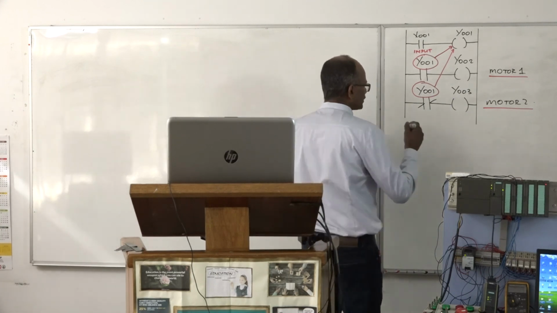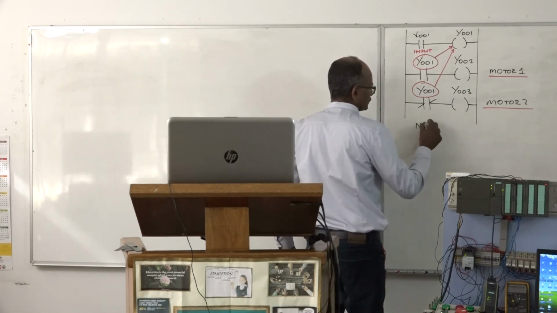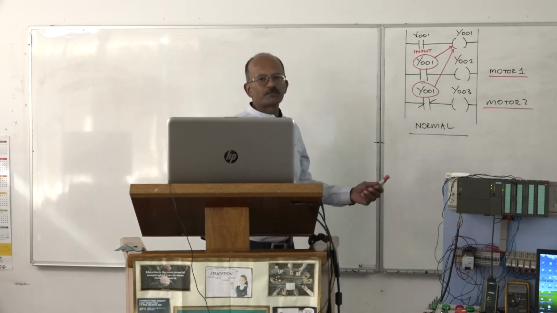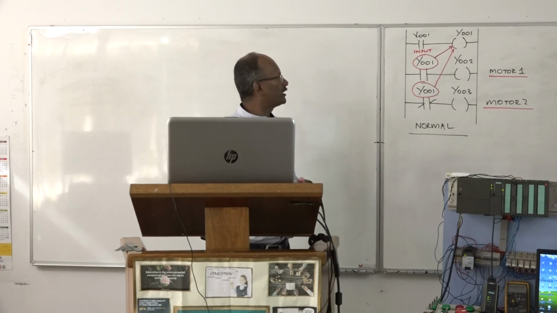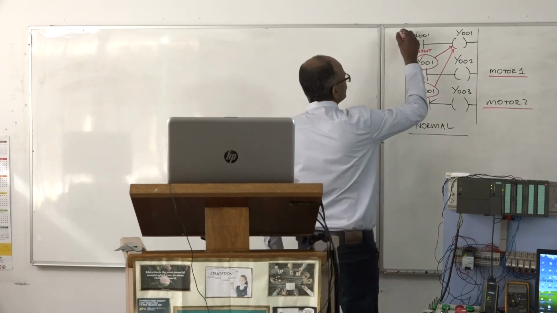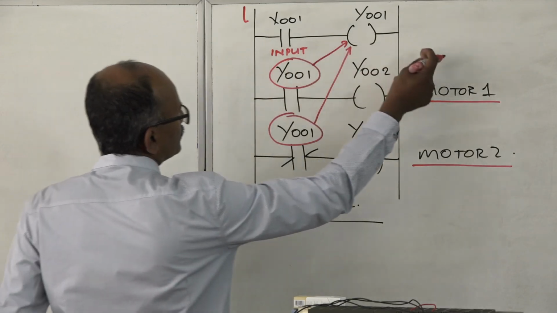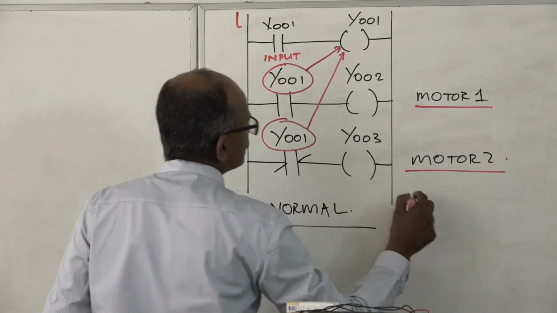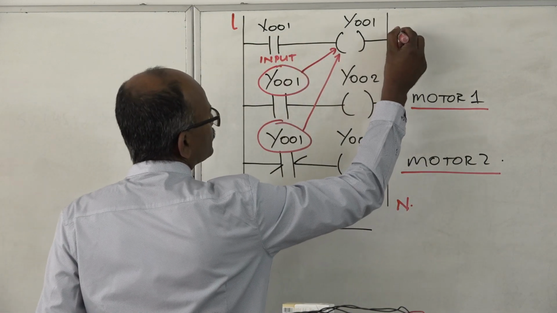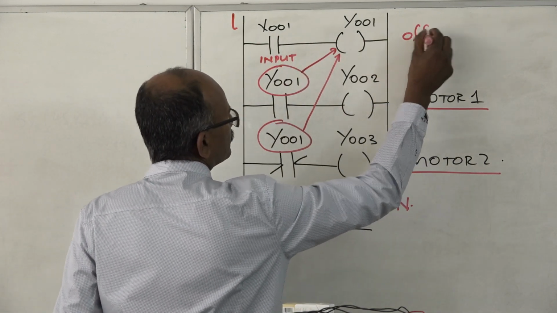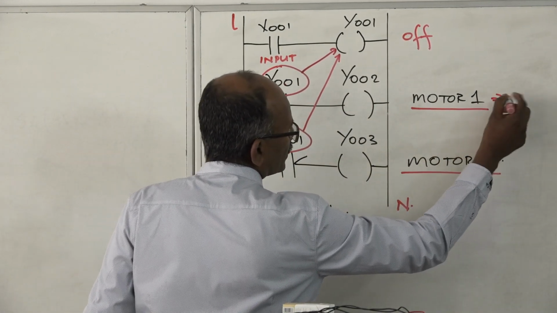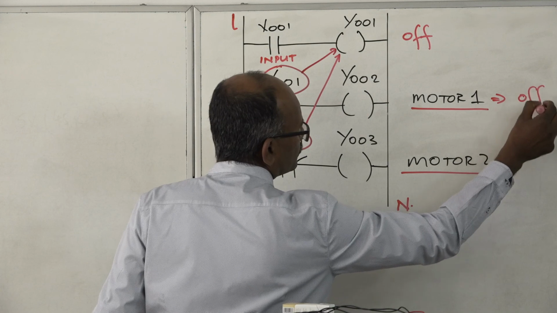So in my normal state, that means nothing is pressed, nothing is energized. What happens? Remember we said current will flow from left to right. This is normally open, so nothing would flow through there. This would be off. This is normally open, nothing would be in that rung, so that motor would be off.